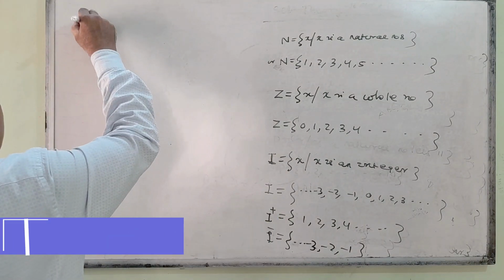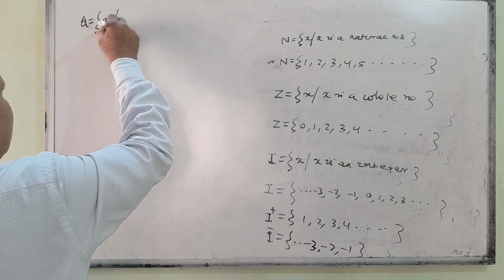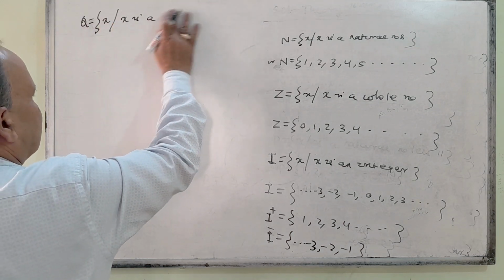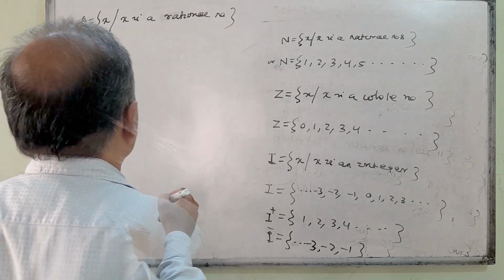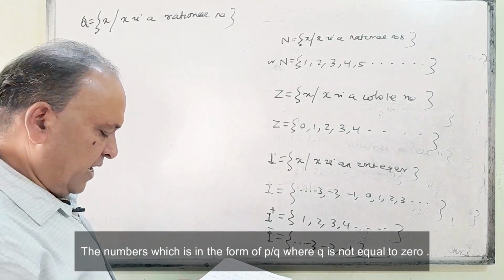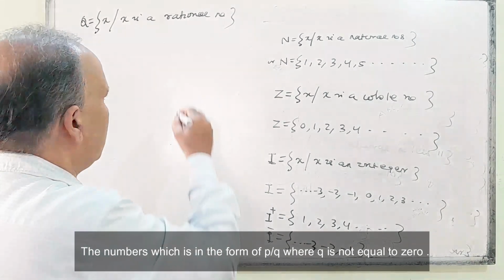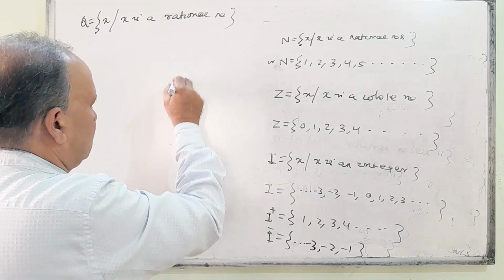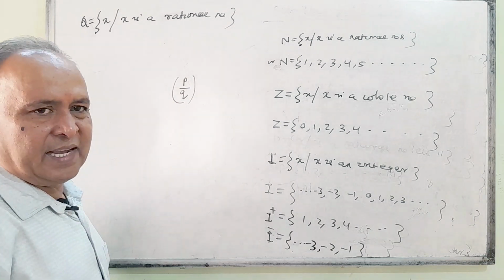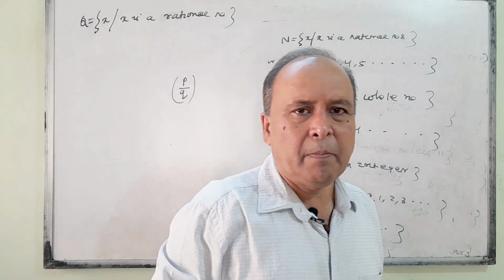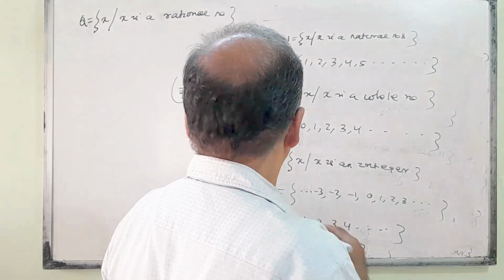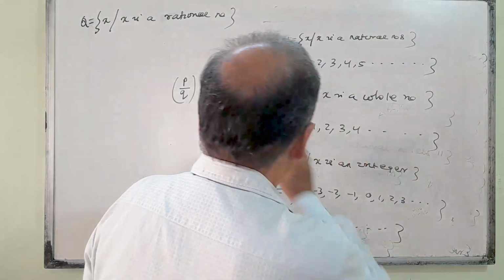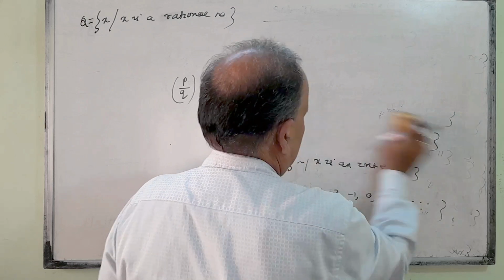Next come to rational numbers. Which are rational numbers? X such that x is a rational number. The numbers which are expressed in the form of p by q are called rational numbers.